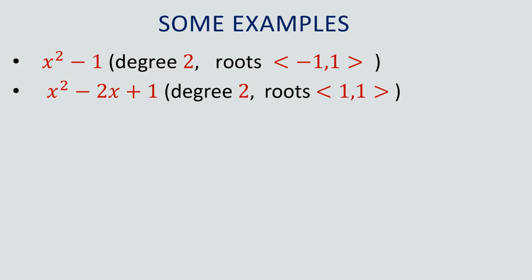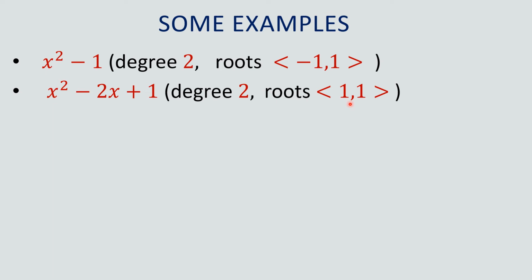And we look at the polynomial of degree 2, which is given by x squared minus 2 times x plus 1. Again, this polynomial has 2 roots. However, both of those roots are the same. The root 1 occurs with what is called multiplicity 2.